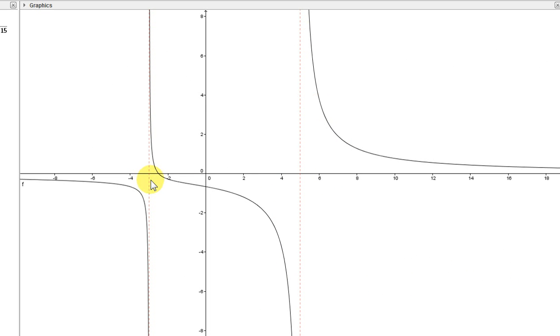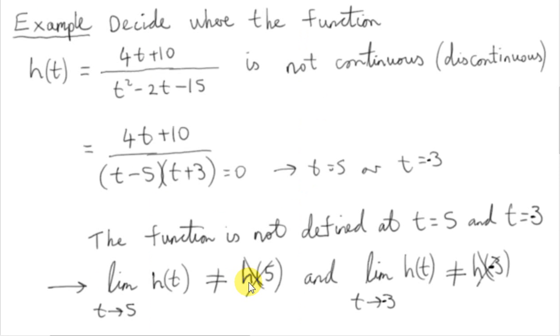Similarly for t equals minus 3. So the limit doesn't even exist at these points. So we can't talk about the function being continuous at these 2 points. At the very least, the limit has to exist at the 2 points for the function to be continuous. And not only that, the limit must equal the value of the function at the 2 points.